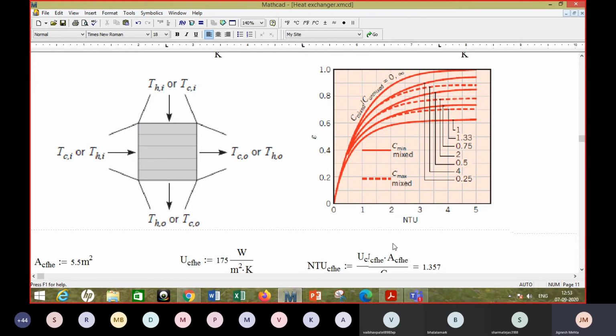And a radiator is also many times a cross flow heat exchanger. So that's a very convenient configuration to use, and the effectiveness that you get for the cross flow heat exchanger many times may not be much lower than the counter flow heat exchanger, right?